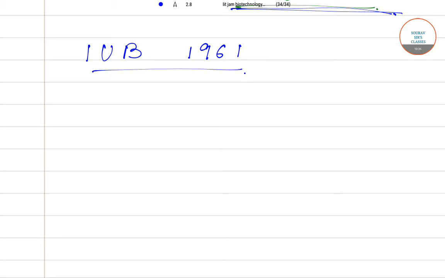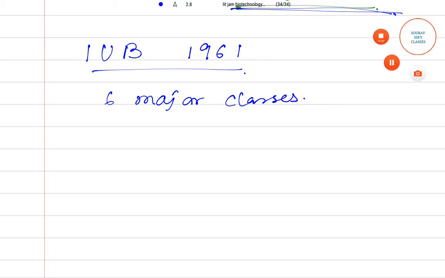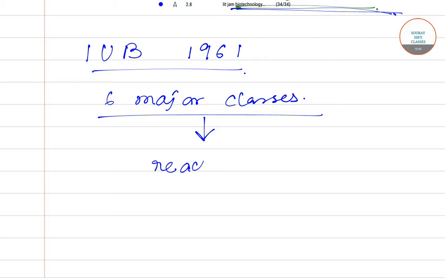On the basis of that, there are six major classes, each with 4 to 13 subclasses, and this is based on the type of reaction catalyzed by the enzyme.